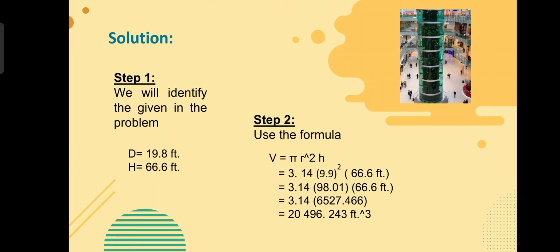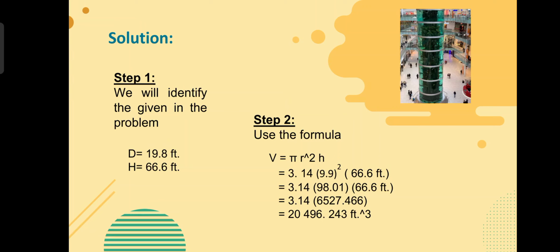We have pi, which is equal to 3.14, times the radius squared. Now, we don't have a given for the radius, but we have the diameter instead. To find the radius, we will just divide the diameter by 2.